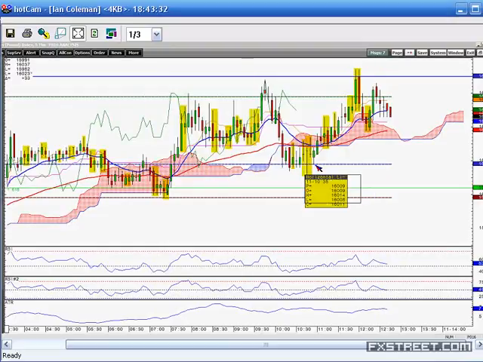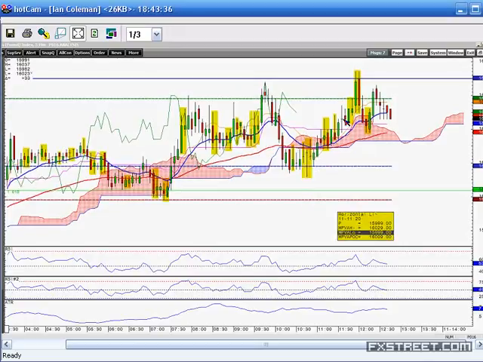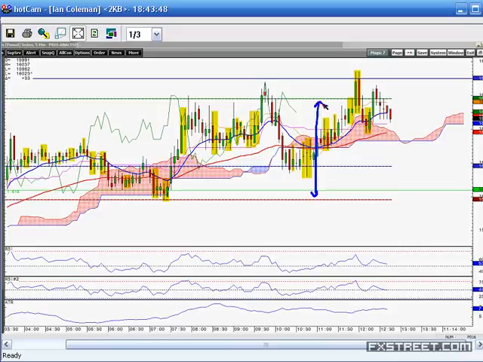The green line and the brown line is called the value area. So this area here is where 70% of the day's trading has taken place, and the market will have a tendency to trade within that value area until it breaks out and has a decent breakout. And you can see at the moment we've got an engulfing candle off the top, and it's started to pull back off this previous resistance level.